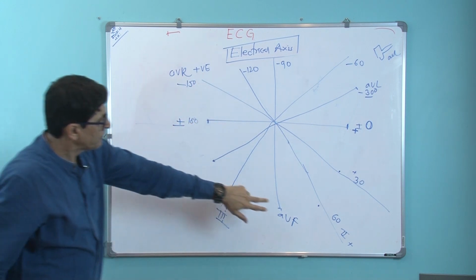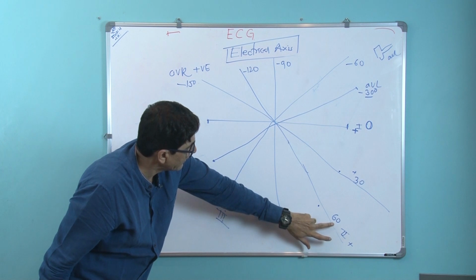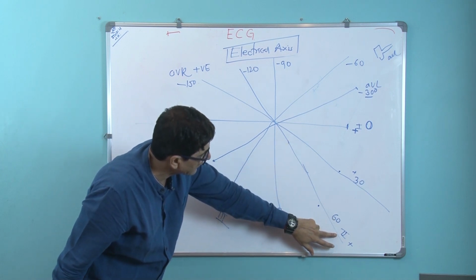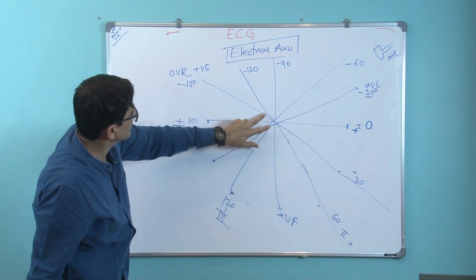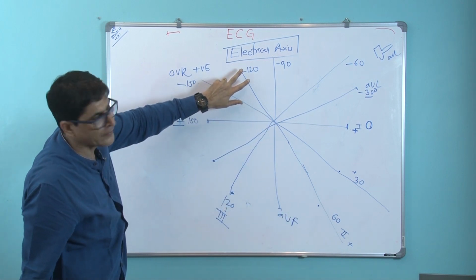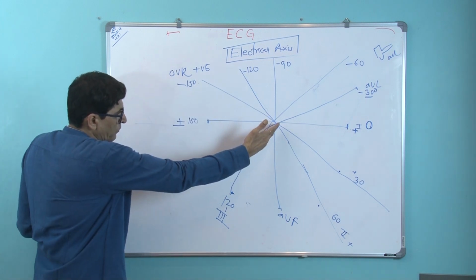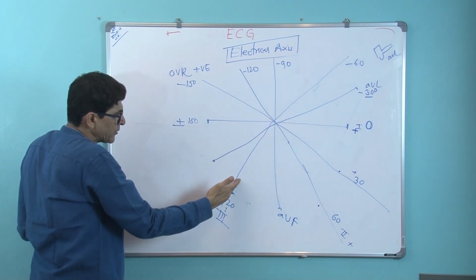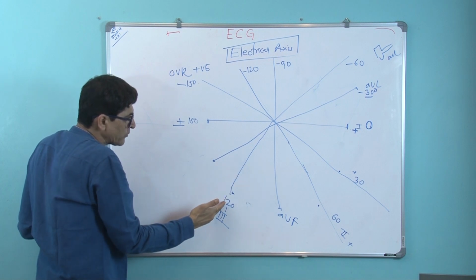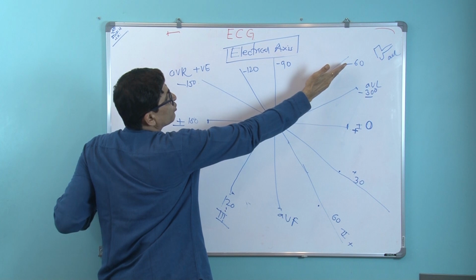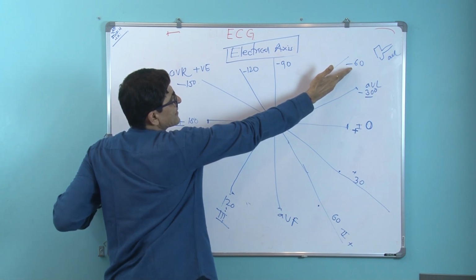Now lead 2, if the deflection is positive, it will come to this side. If the deflection is negative, it will go towards minus 120. Lead 3, if the deflection is positive, it will come towards 120. If the deflection is negative, it will come to minus 60.